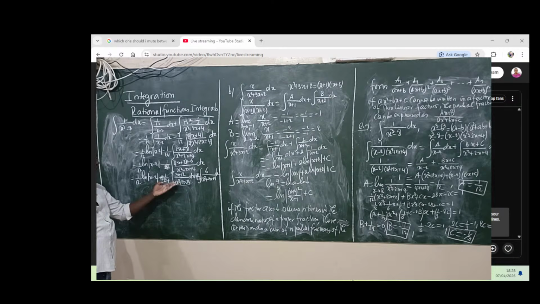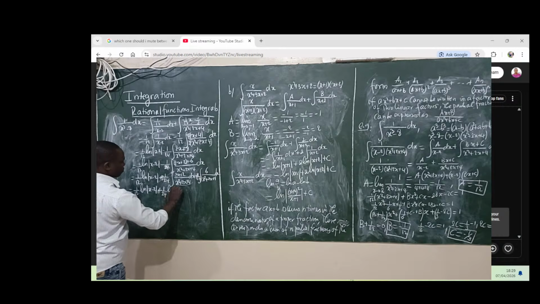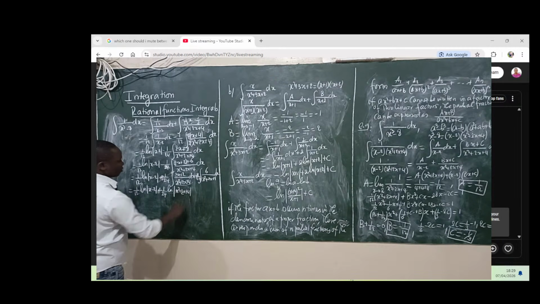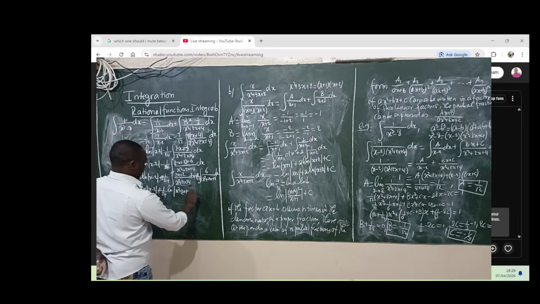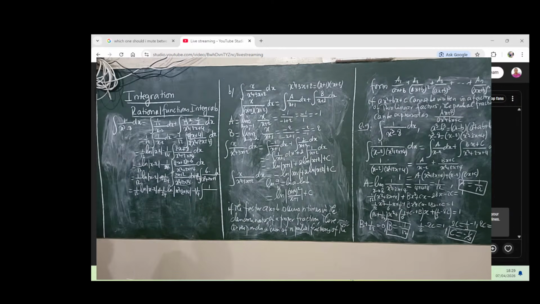That is, we have 1 by 12 ln of x minus 2 minus 1 by 8 ln of x squared plus 2x plus 4, minus, take this 6 here, we'll be having minus 1 over 4 the integral of 1 by, completing the square, you see this 4 is 1 plus 3.